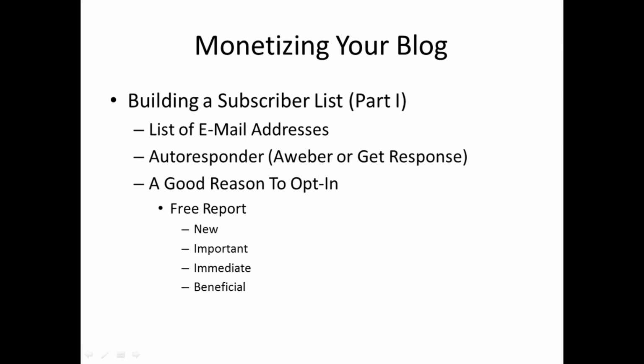Therefore, if you are reviewing a product, as we talked about in the last video, if you are introducing a new affiliate product or you have created a product of your own, when you have an email list, you can literally show that email list everything that you're doing new on your blog.